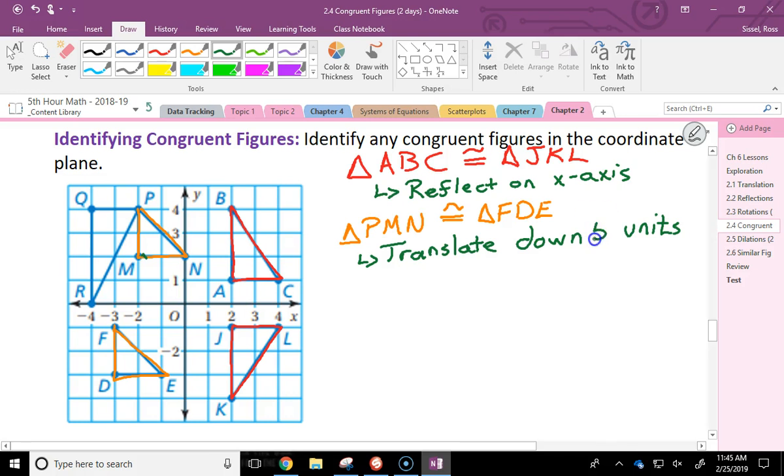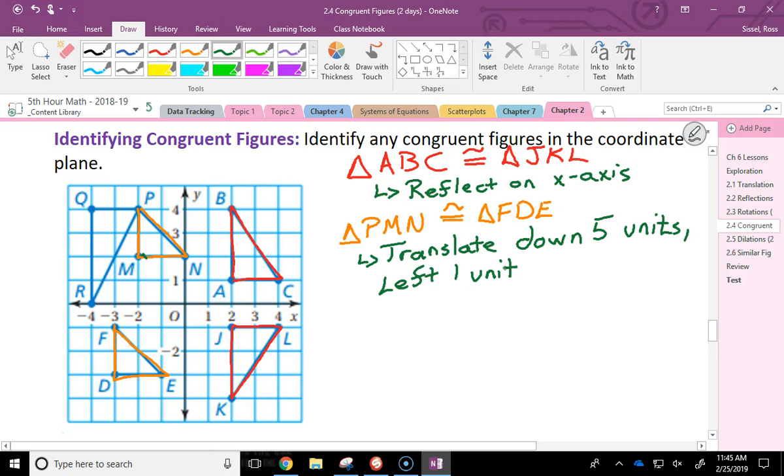Good. So translate down 5 units, comma. Now if I slid down 5 units, I'd only be right here. So then I'm going to have to go over, and you have to tell me which direction. Left 1 unit. Yeah, I'll get you some Starbucks as well.